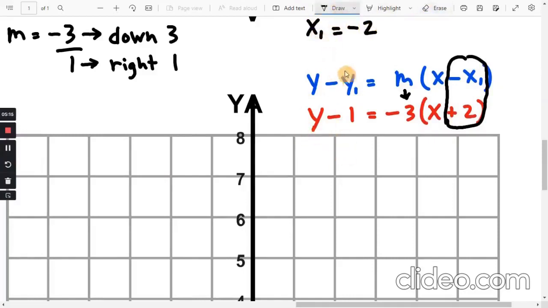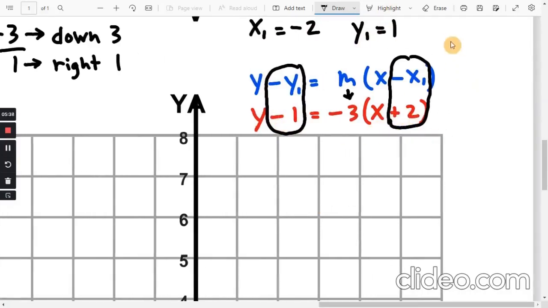All right, and same thing with the y1. We see negative y1 is negative 1. So that means y1 is positive 1. All right, so notice we changed the sign. For the x plus 2, the x1 is negative 2. For the y minus 1, y1 is positive 1. All right, so that's going to be our starting point, negative 2, 1.